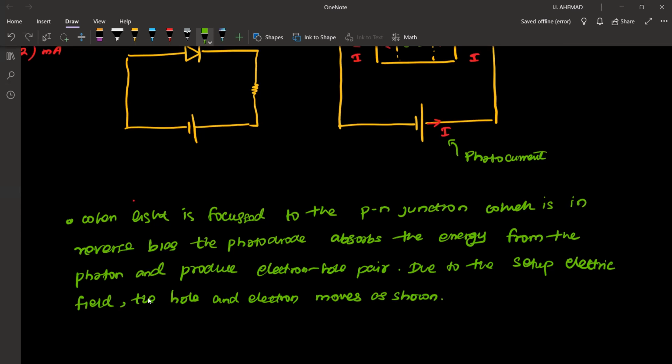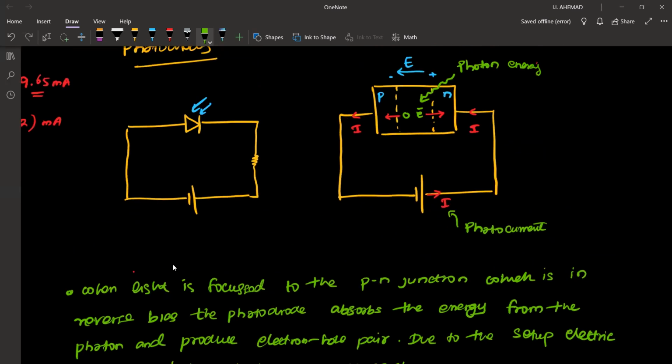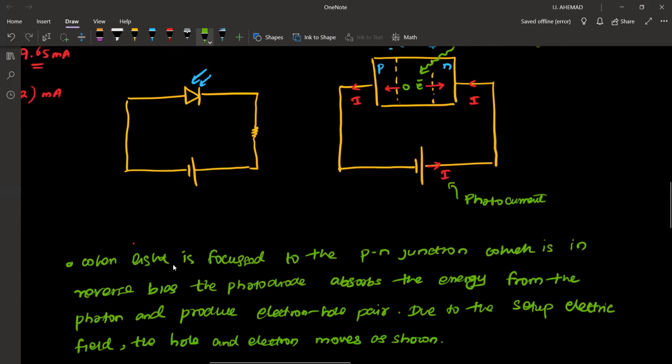Okay. Note this is photocurrent, mention that here it's photon energy.